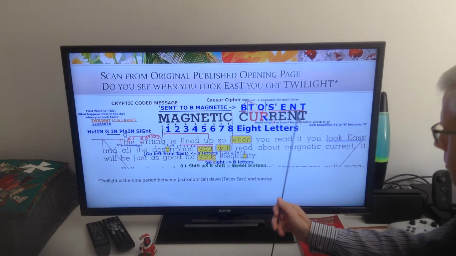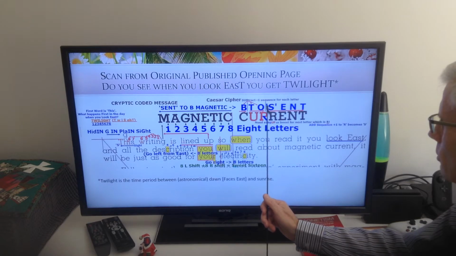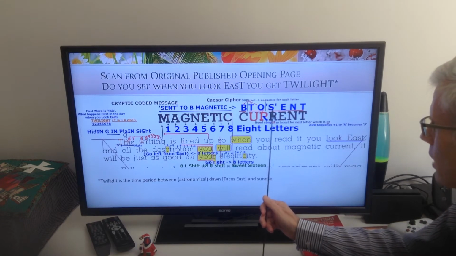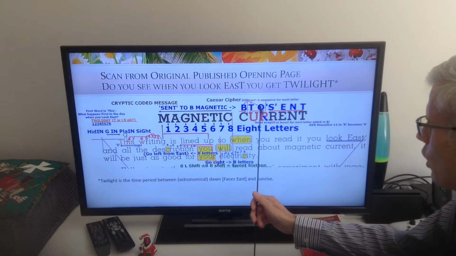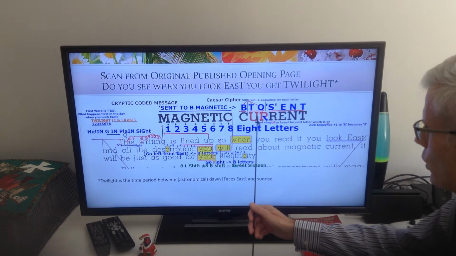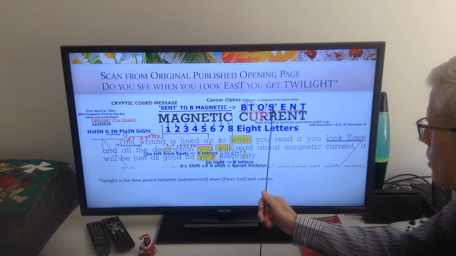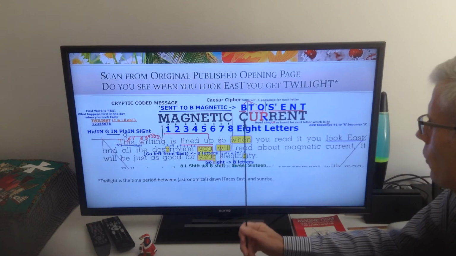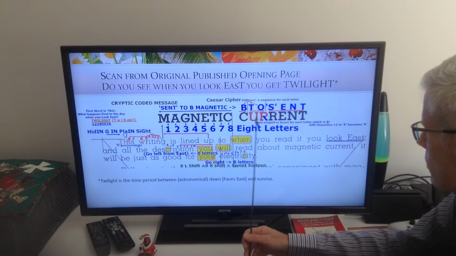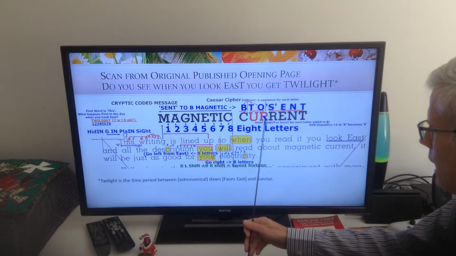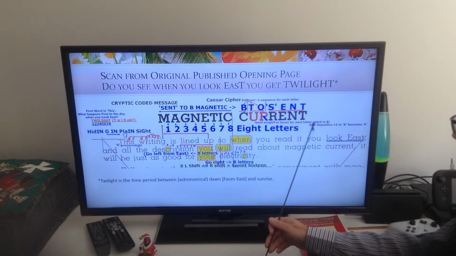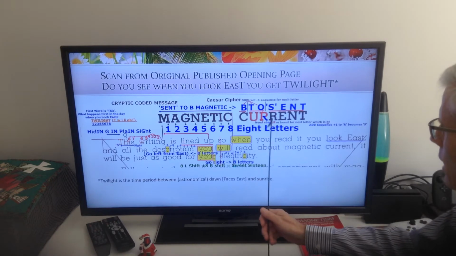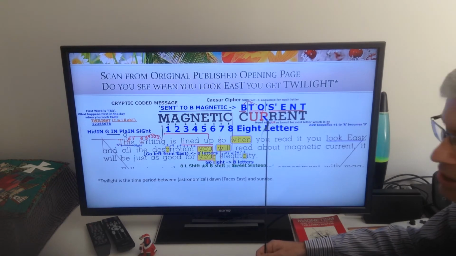In other words, the R becomes S, I becomes O is before P, T is for U, and B is for C. So "sent" to be "magnetic". So there's a word there. The reason you put the leg in there is because we need a leg up or boost for the next letter, which is an R. So that's why it becomes an R. So it's just these letters here that he was interested in decoding.